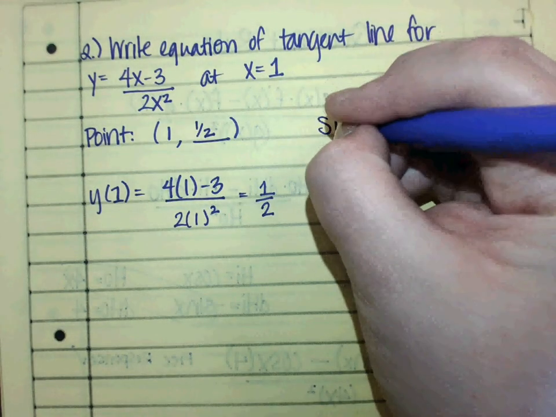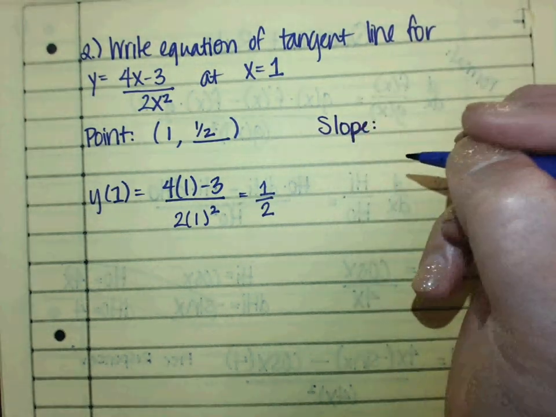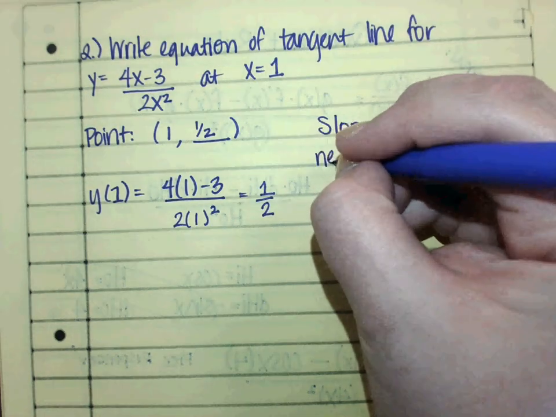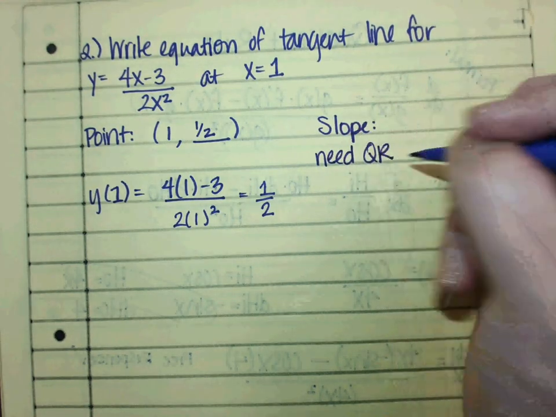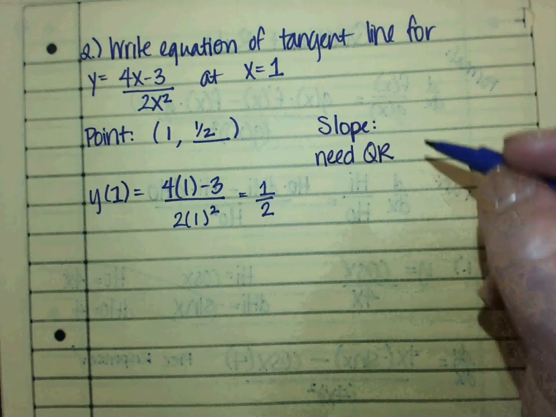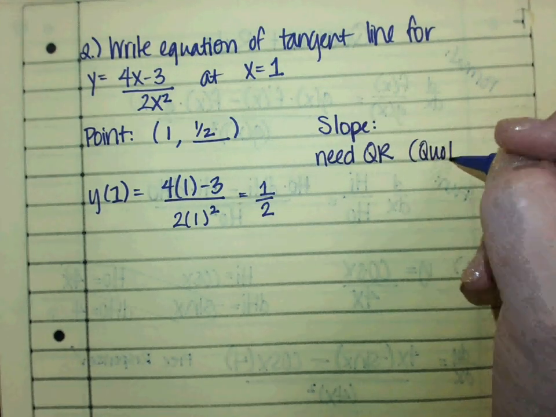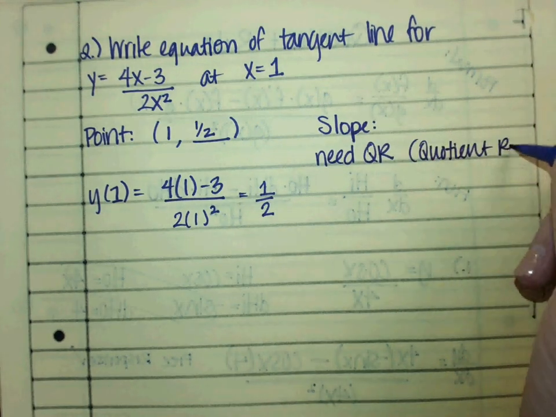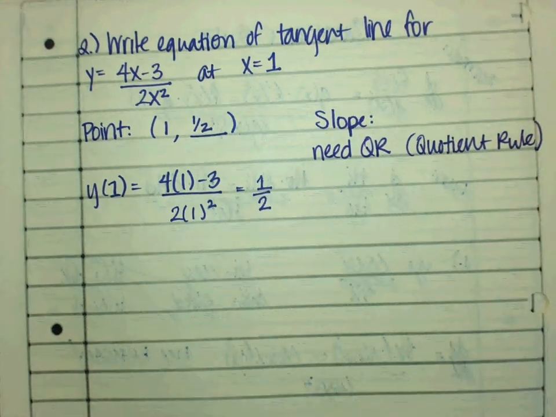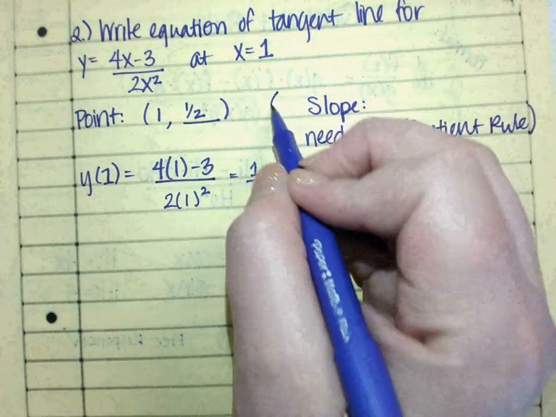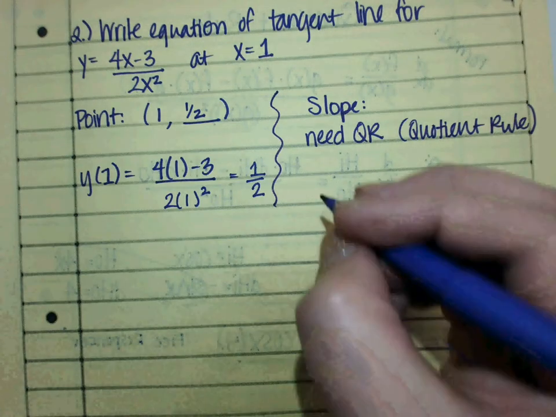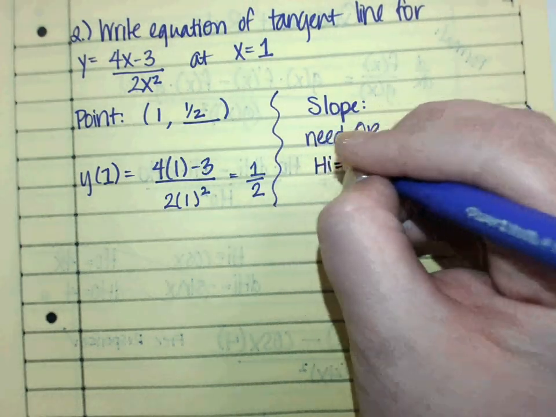So, slope over here. I need to take the derivative. That's going to need quotient rule. Okay, QR, quotient rule. I'll write it out if you need me to. So label your high and your ho. Okay, high is the top, so high is a 4x minus 3.